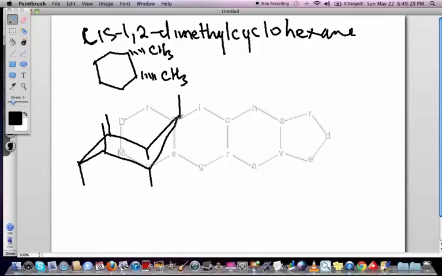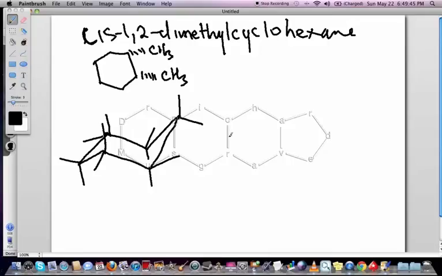So that's the axials. Now we put in the equatorials. Now remember, the axials are all alternating up and down, and the equatorials are also alternating up and down, up and down. The next thing we want to do is put some methyl groups on.